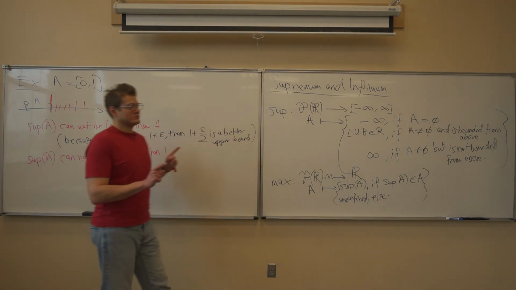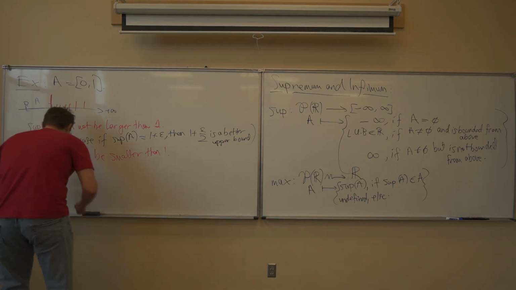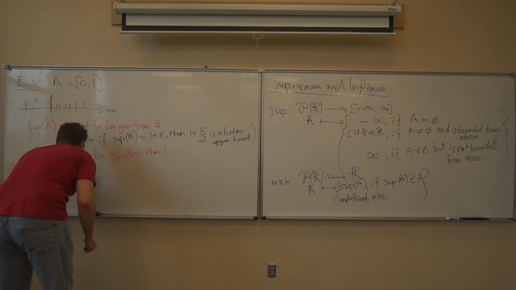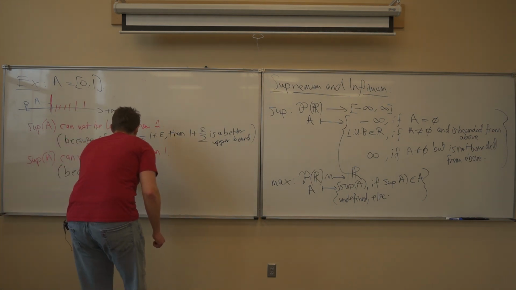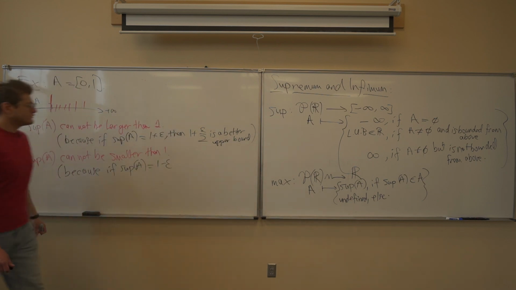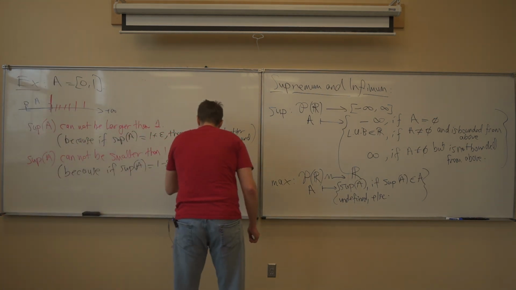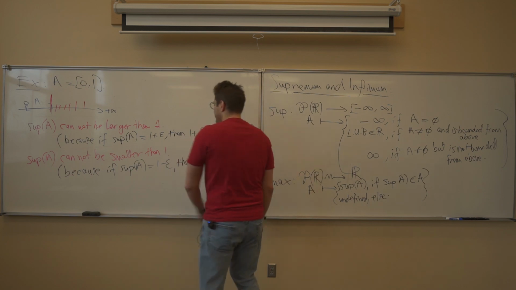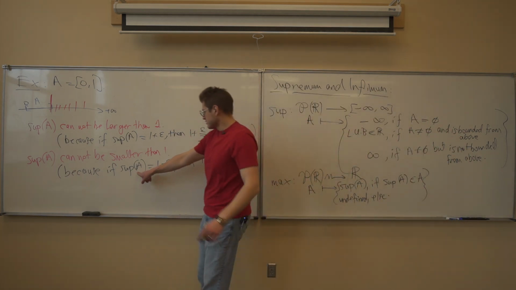But, okay, there's an issue there. Oh, I guess what you're saying is that, but 1 is in the set. I see. Okay, good. Let's write it. Because if it was like this, then 1, which is a number in A, is a larger number than this.